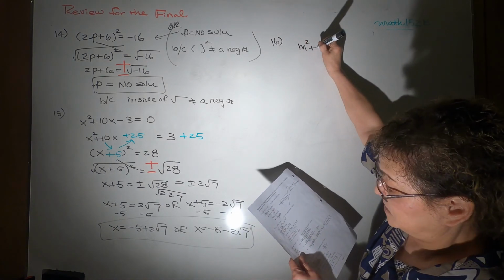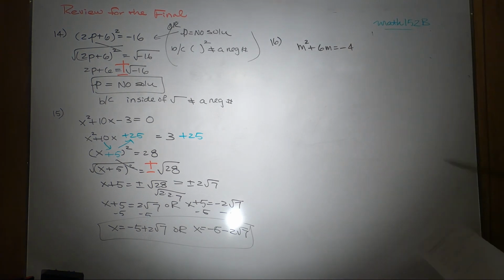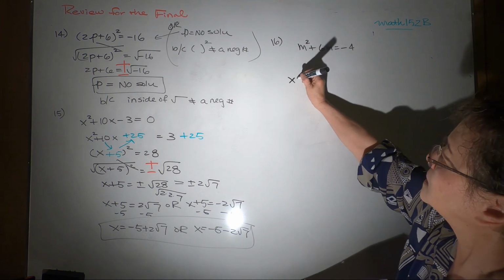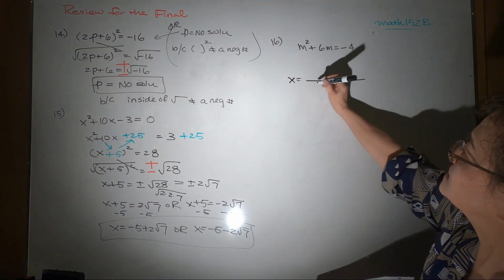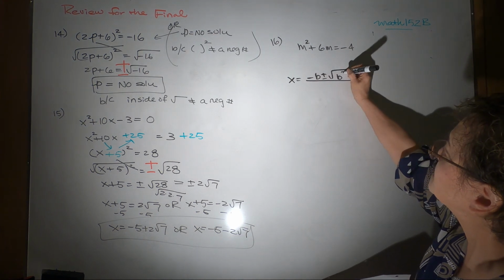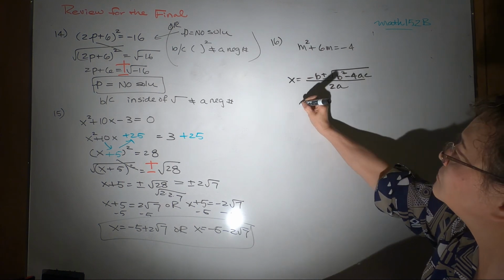m squared plus 6m equals negative 4. It asks you to use the quadratic formula. Practice that. The quadratic formula is x equals what? Negative b plus minus the square root of b squared minus 4ac, all over 2a, right?